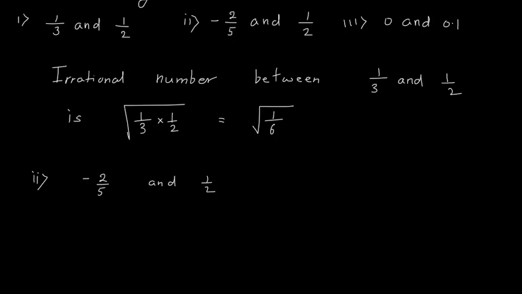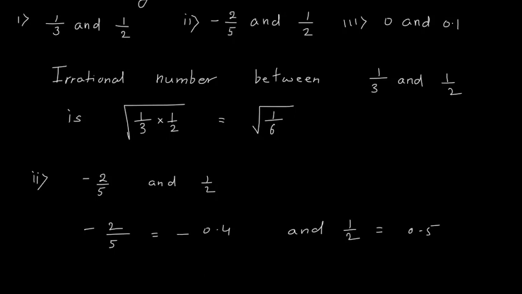then it could be less than this 2 by 5. Or better, I will say that minus 2 divided by 5 is equal to minus 0.4, and this 1 divided by 2 is 0.5.